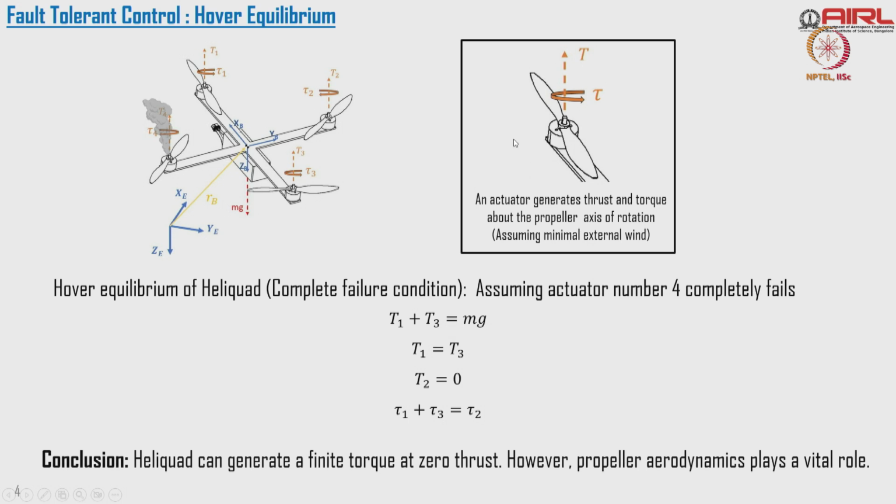Now that's the thing. Okay, can I produce 0 thrust? If you look at it, most of the aerofoils we use are all symmetrical aerofoils. So we need a different airfoil itself to achieve 0 thrust, but with some torque, right?